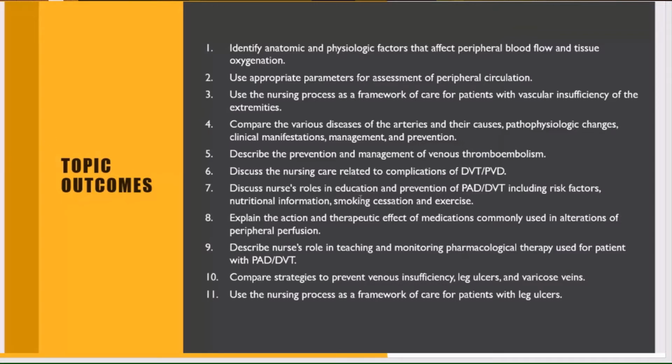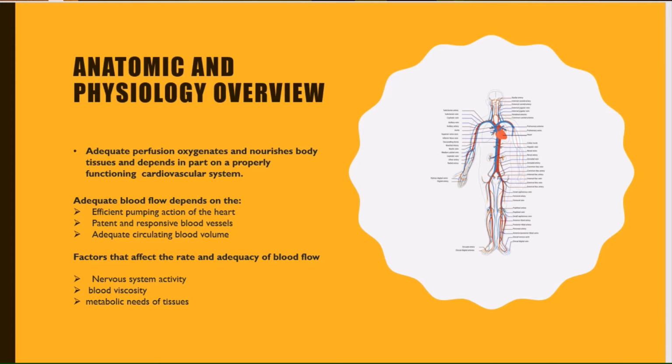The next slide is an overview of the anatomy and physiology. We're talking about perfusion. In order to have enough oxygen and nourishment to the body tissue, we need to have adequate perfusion.